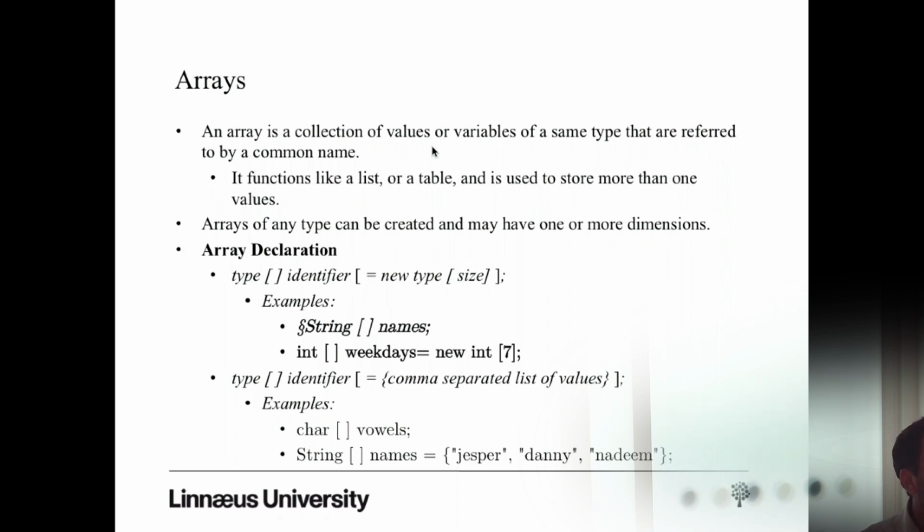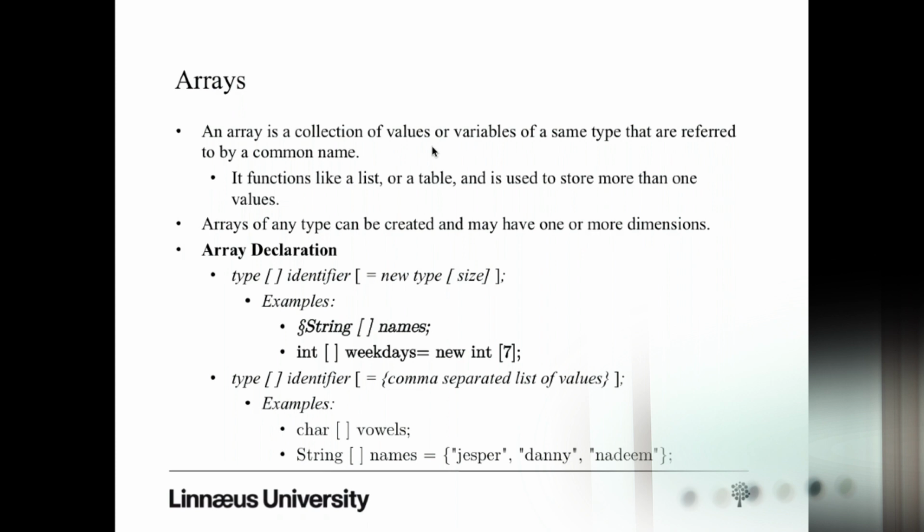Also an important thing is that arrays are internally represented in Java as an object. This is why, when you create an array object, you often use the new keyword that we use to create objects. And then you specify the size. For example, here there seems to be some typo, so you just ignore this.